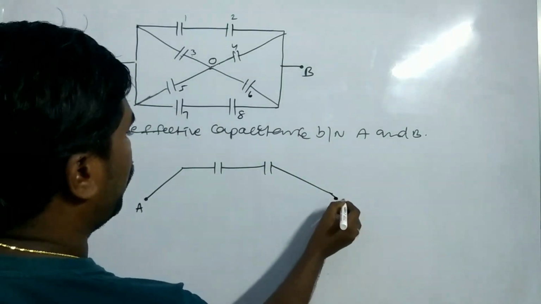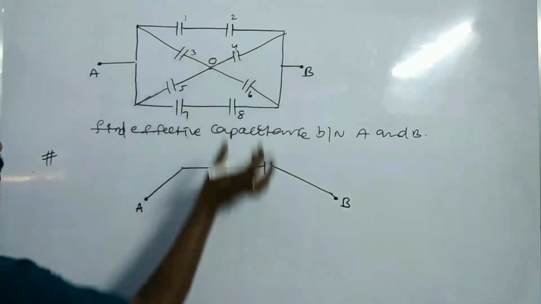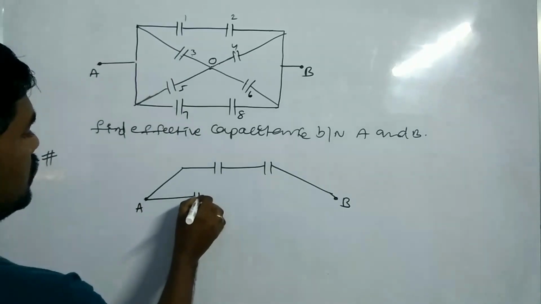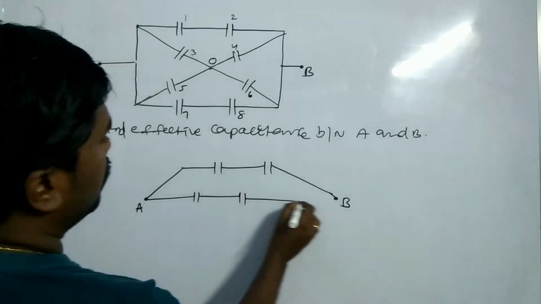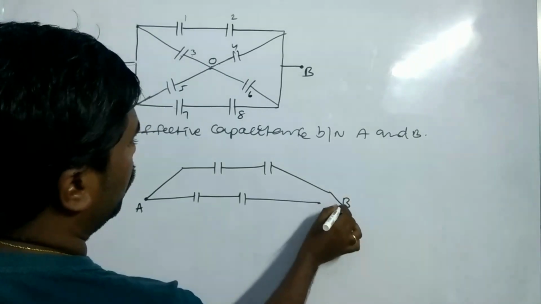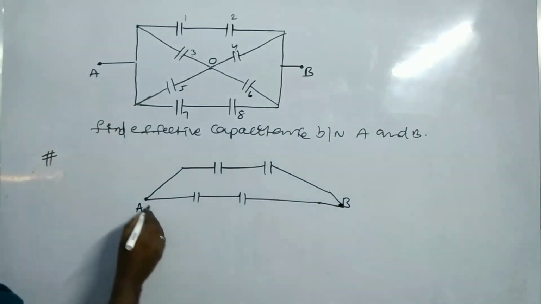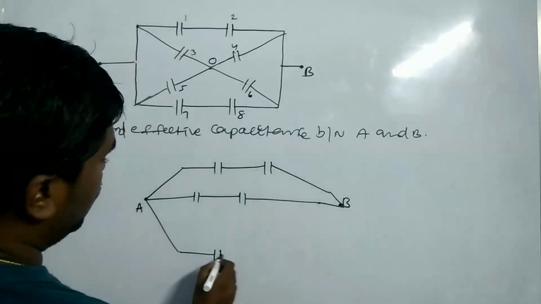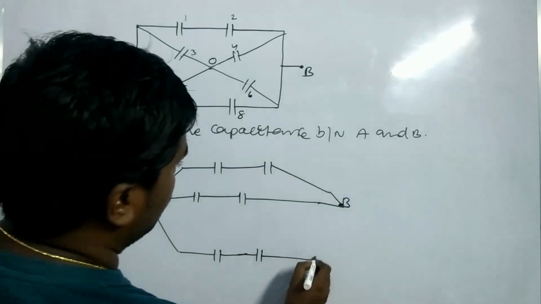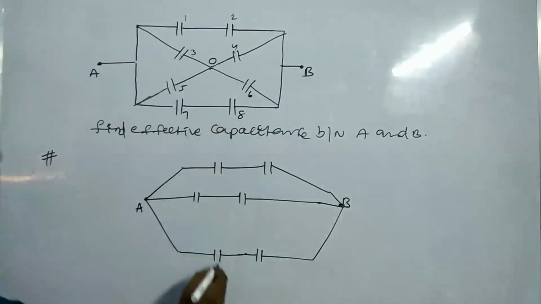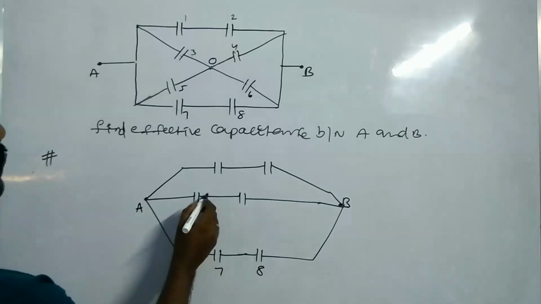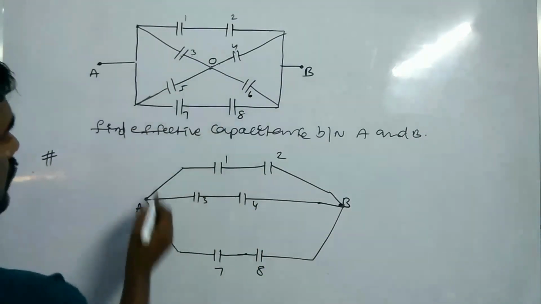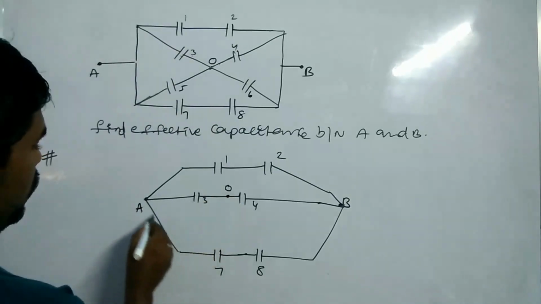And this is the point B. These are the two capacitors, and one more capacitor, and another capacitor which is connected to point B. And another two capacitors here, which are connected to point B. So this is 7 and 8, this is 3 and 4, this is 1 and 2, and one more, 5 and 6. So this is the center point, that is O.